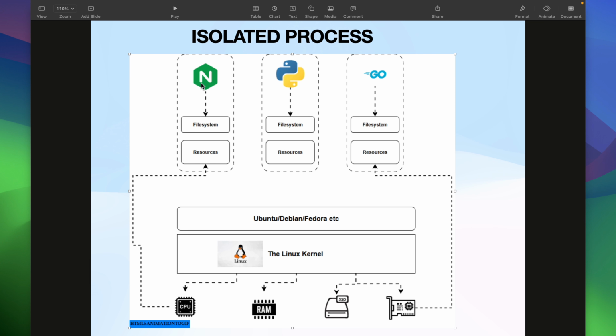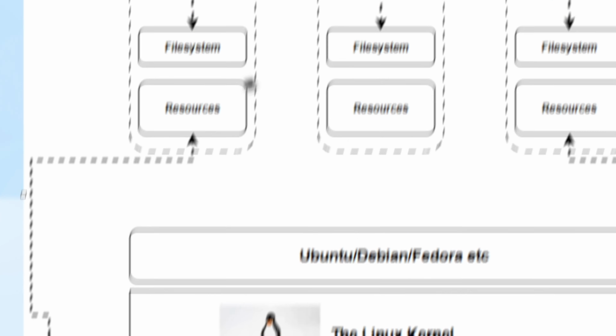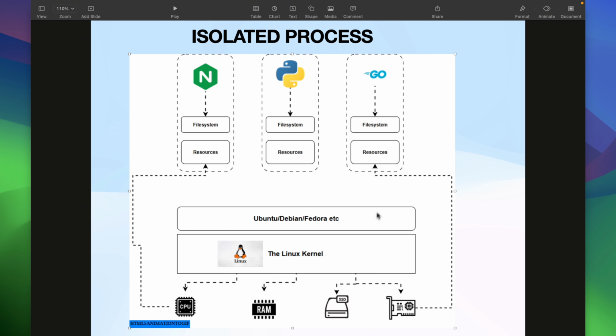Now, you can see that Nginx has its own file system and resources, and the resources are shared from, let's say, a CPU. It has a fraction of the CPU to itself, while the Python application has a fraction of the CPU to itself. The Go application has a fraction of the CPU to itself. It's just like that, and each of these resources is confined to that specific process.